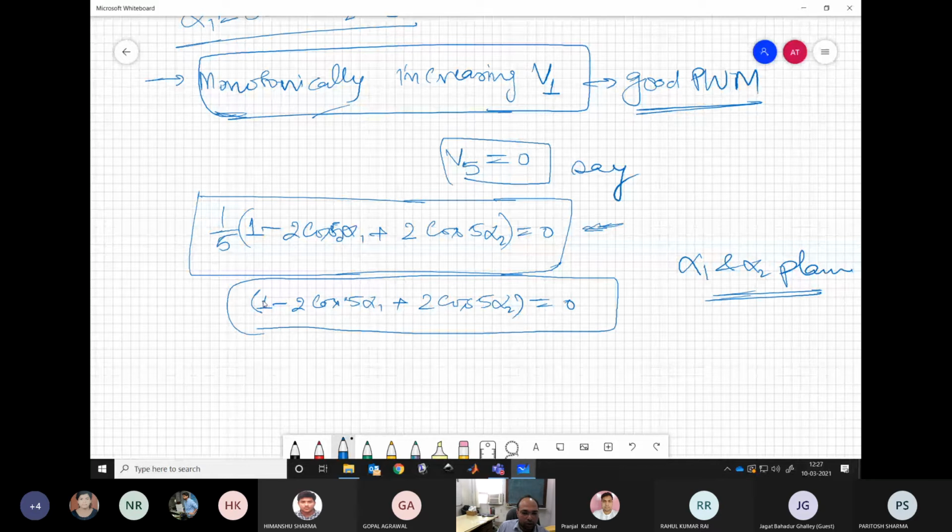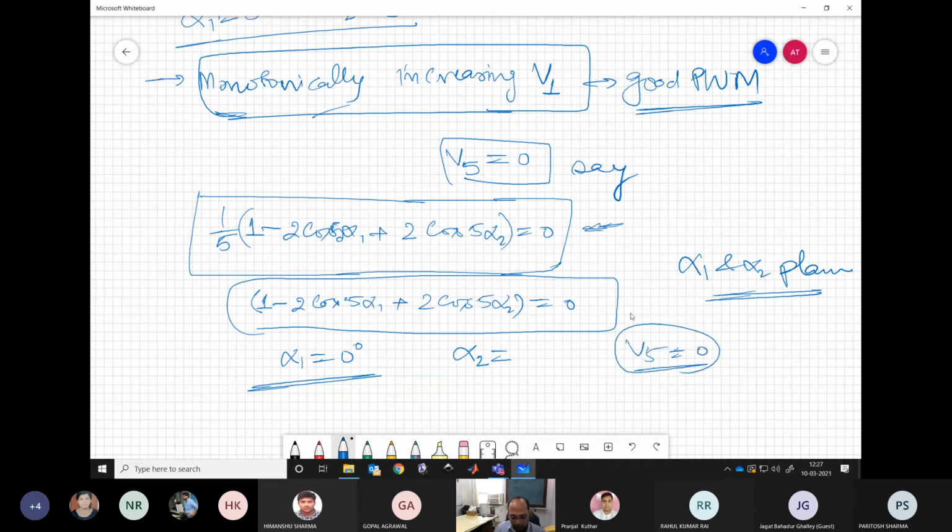Correct? So again, we can use the same technique. Let us say you put alpha 1 equal to 0 degree. What value of alpha 2 are you going to get for V5 equal to 0? Anyone, quick answers? 12 degree. Yes.